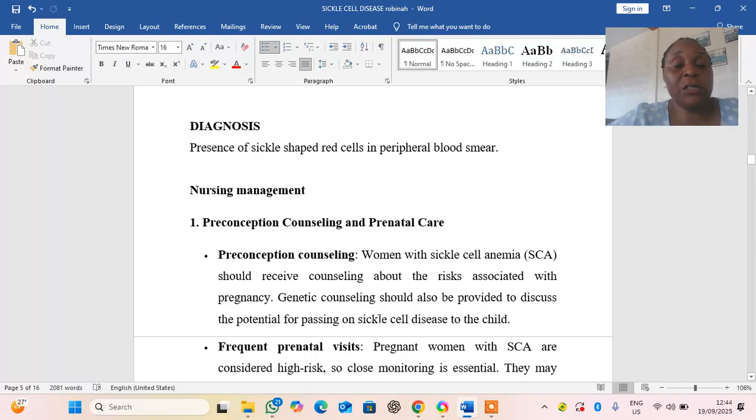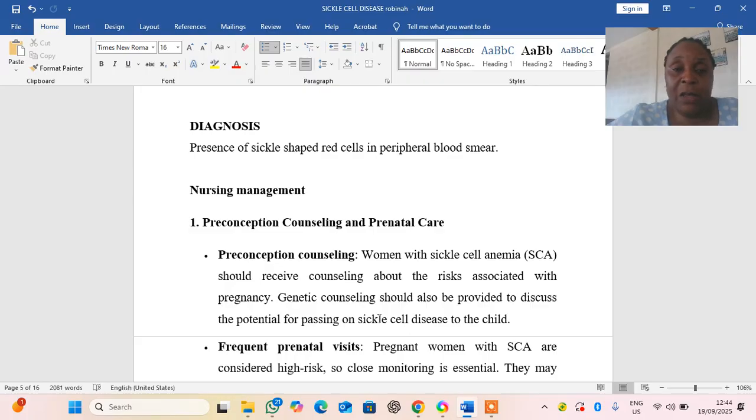For the case of diagnosis, they shall take a peripheral blood smear, and through the microscope, it will show the presence of sickle-shaped red cells.